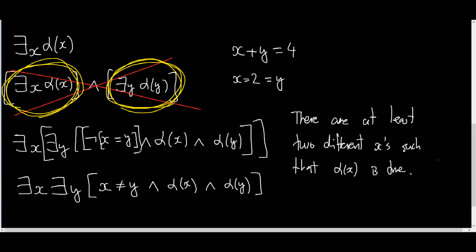Or there are at least two different objects having the property alpha, when it is clear what the property alpha is for a given object.